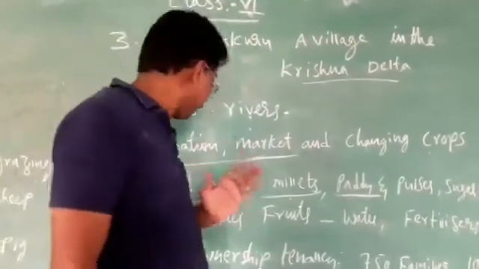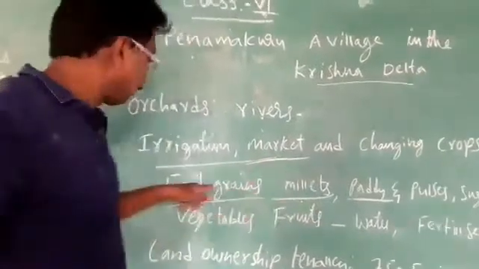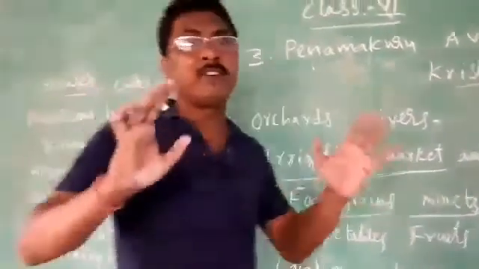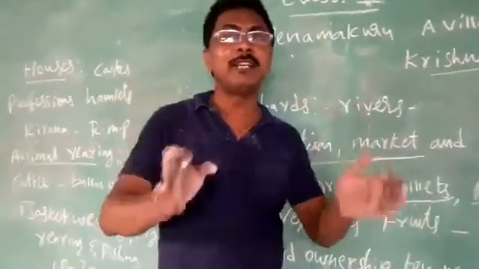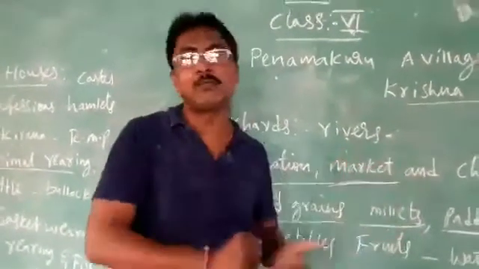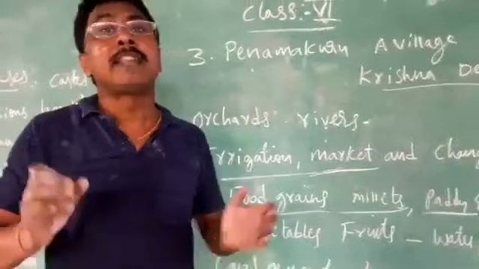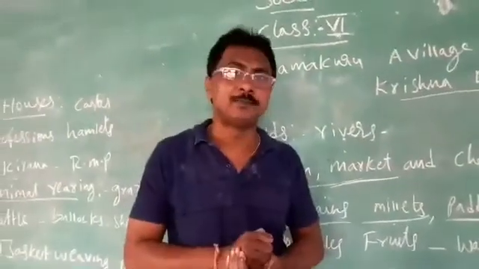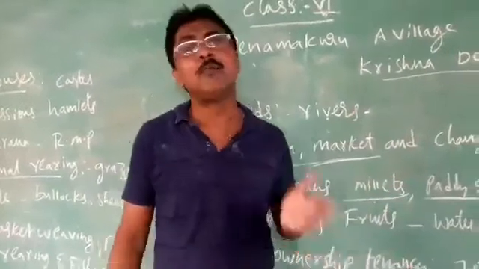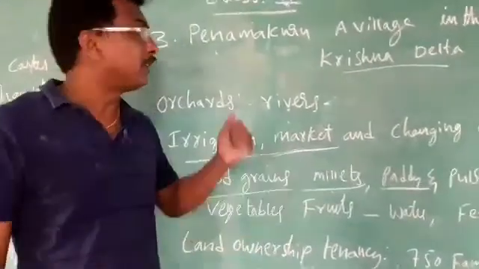And one thing I tell you here: the farmer will grow two types of crops. Food crops, like rice, wheat, jowar. And cash crops. Cash crops means if they sell them, they will get more cash, more money.